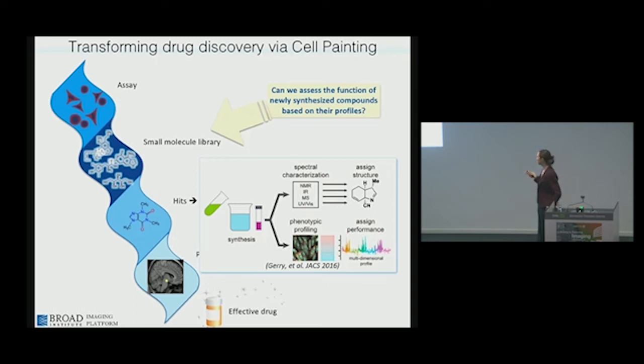So every week, as you create new compounds, you run them through the standard chemistry to figure out what you have, but they also run them through the cell painting assay to look at the performance and to see how the performance of the compound changes in a very broad way as a function of the different chemical groups that they've been playing around with. They found that very helpful to speed up the cycle. Usually that loop takes months for a chemist to get any information back about what their compound has done, or they don't know what assay to run to figure out what their compound does, and this speeds up the process.